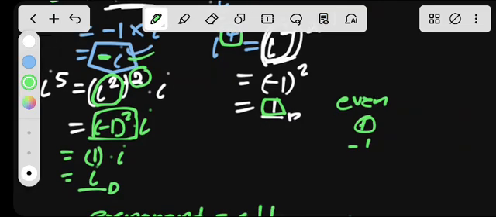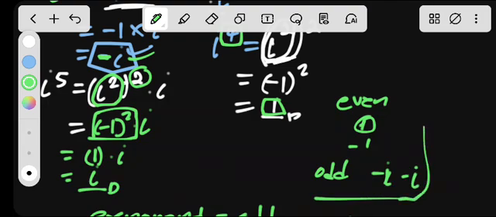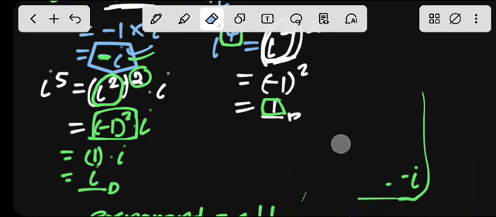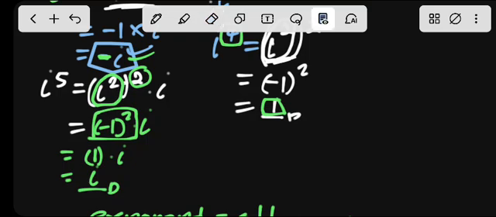If you have an odd exponent, at the end of your simplification you'll have either minus i or positive i. All right, so hopefully you can see what is going on. Let us try some more questions so that you will see what I'm saying, and see if there is validity.